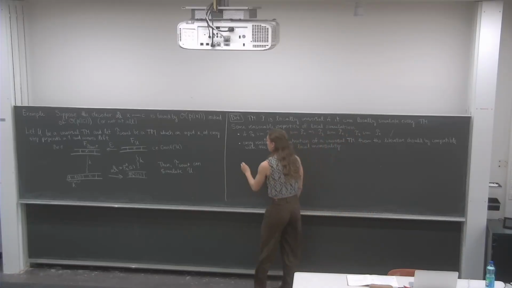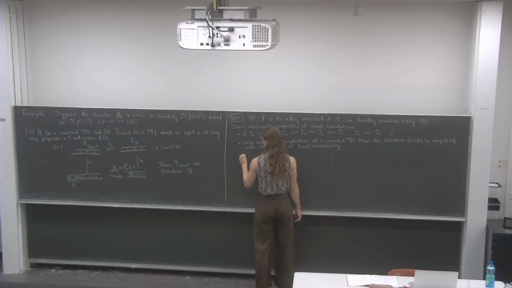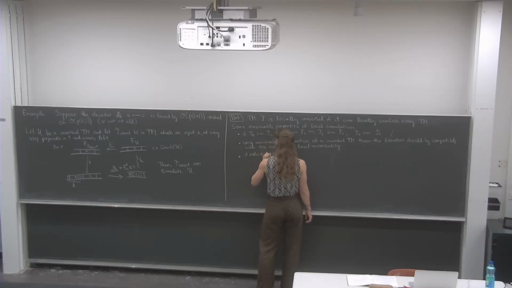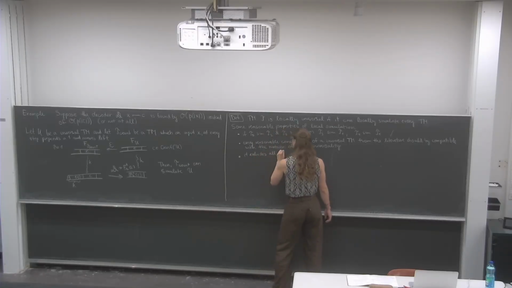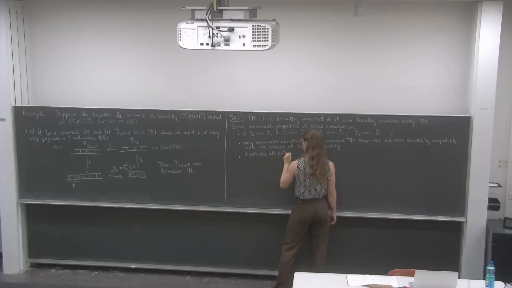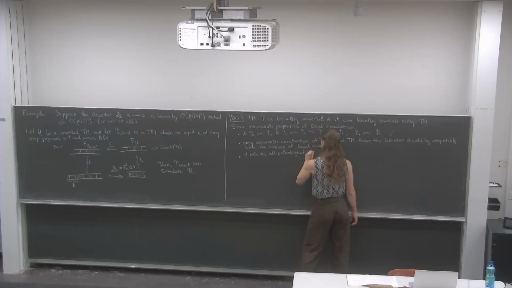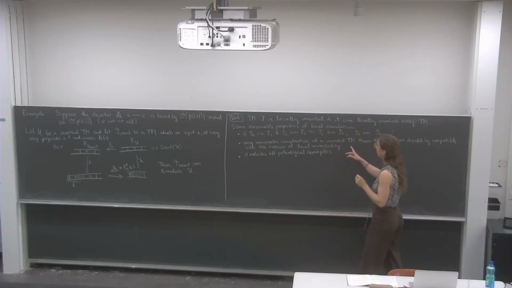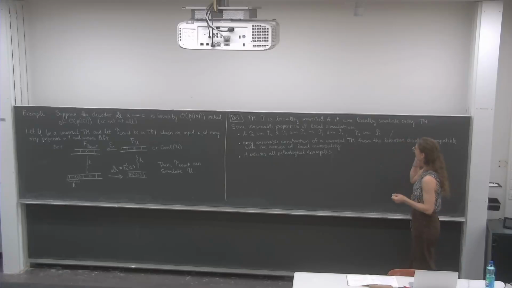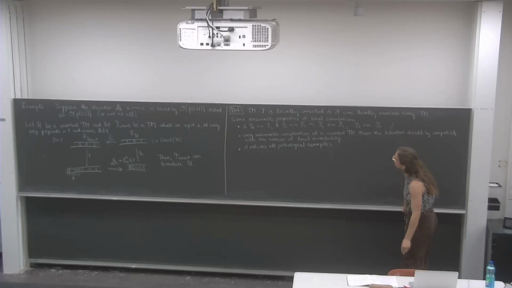And the one that is hard to prove is that it excludes all pathological examples like that one. So these two are very difficult to check, especially because there's a wide variety of examples.